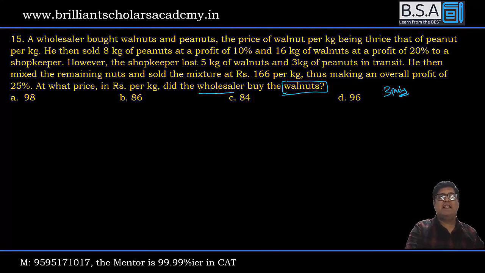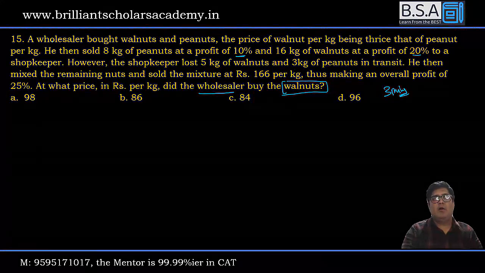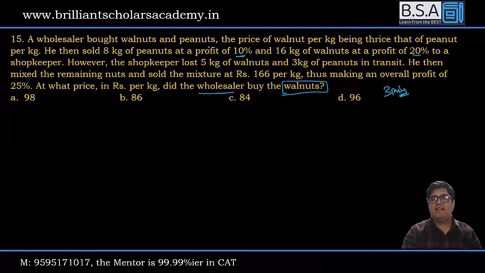So the wholesaler is buying what? Walnuts and peanuts. Look at these percentages, 10%, 20%, and some variation is there. The wholesaler bought walnuts and peanuts, price of walnut being thrice that of peanut. He sold 8 kilograms of this at 10% profit, 16 kilograms of this at 20% profit to a shopkeeper.